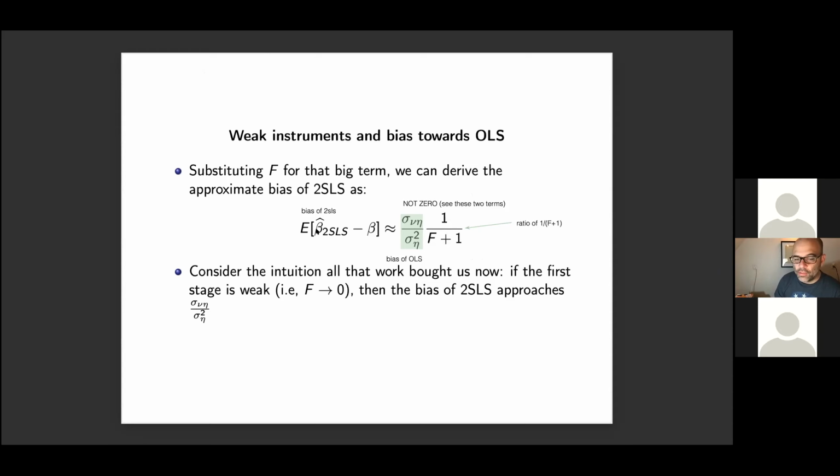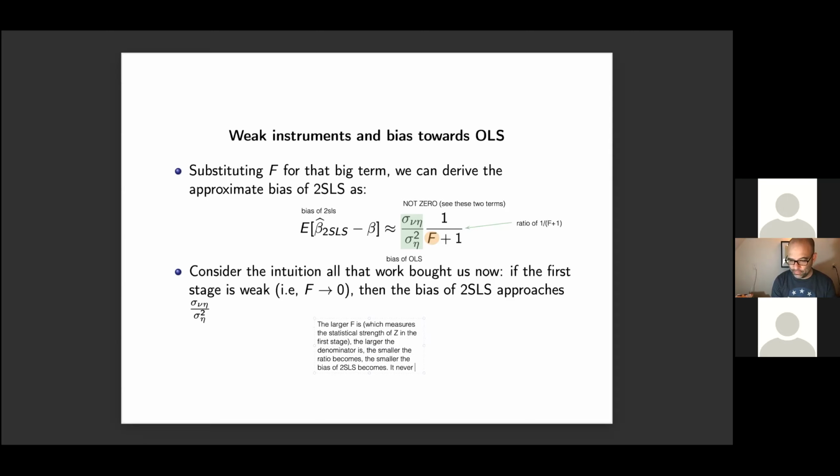Even though the bias of two-stage least squares is not zero, notice the larger F is, which measures the statistical strength of Z in the first stage, the larger the denominator is, the smaller the ratio becomes, the smaller the bias of two-stage least squares becomes.